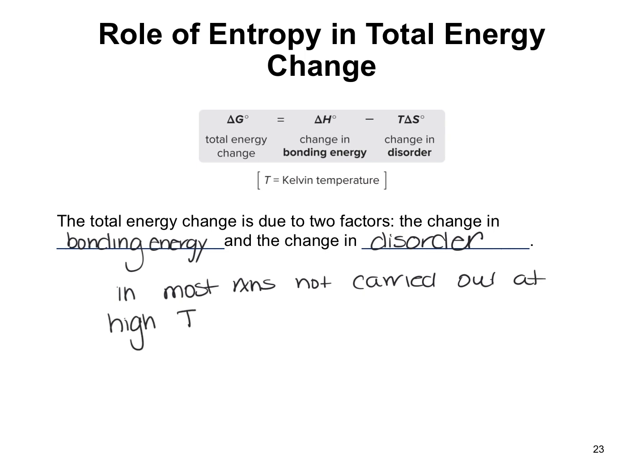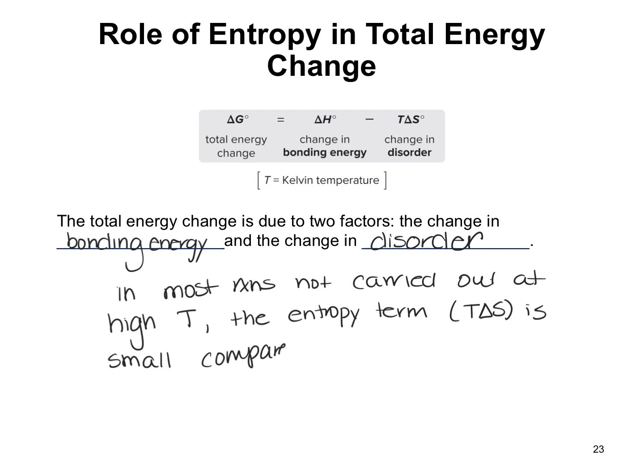Now, in most reactions that are not carried out at high temperature, the entropy term is really small compared to that enthalpy. So we can make an approximation. And our approximation is that delta G naught is approximately the same as the enthalpy.